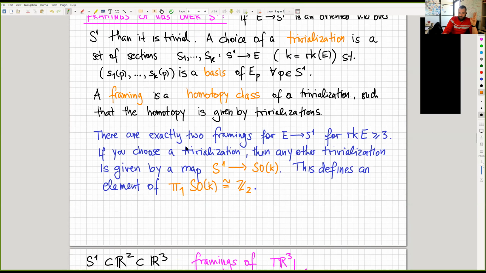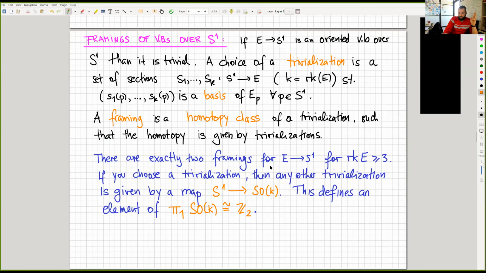And there are exactly two framings of a trivial vector bundle over S1, because you can see it as follows. You can choose a trivialization, and then any other trivialization is determined just by a map from S1 to SOK, right? So you can, for example, take a Riemannian bundle metric, and then you can do Gram-Schmidt, and then you can say that if you choose two orthogonal trivializations, right?